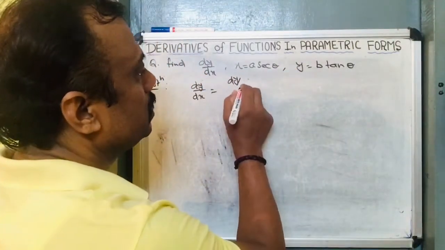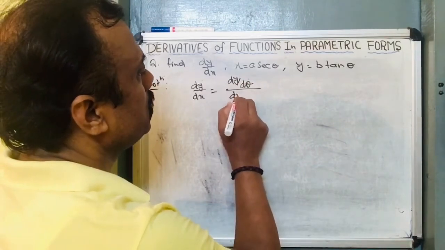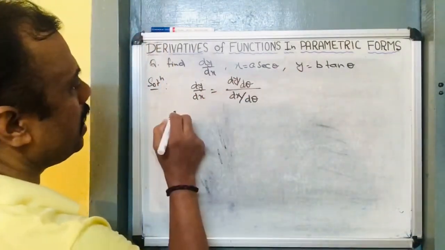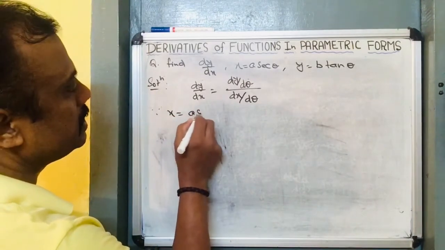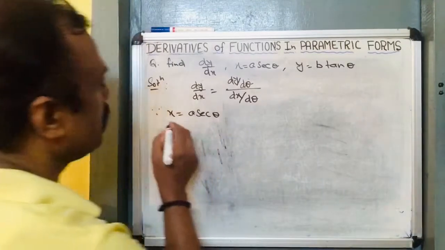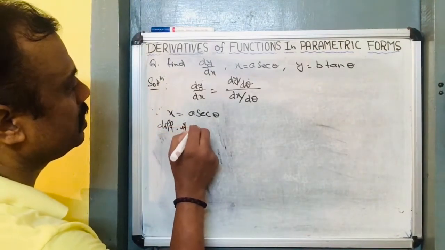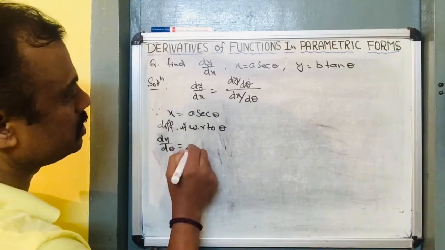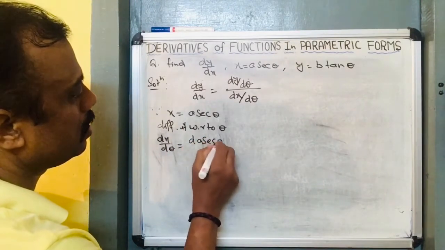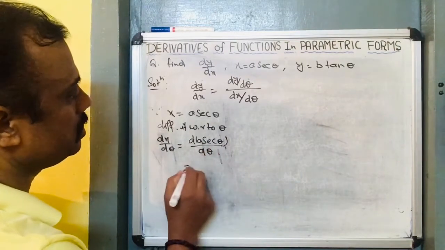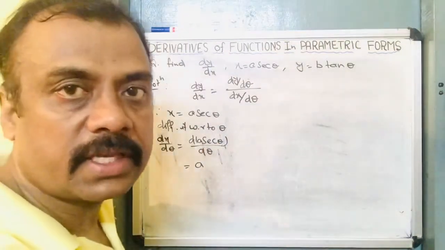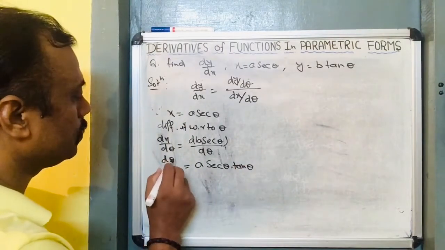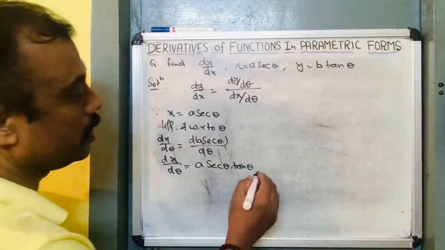Since x equals a sec theta, differentiating it with respect to theta, dx/d theta equals, a is constant, so directly I am going to write a, and the derivative of sec theta is sec theta tan theta. Okay, this is equation 1.